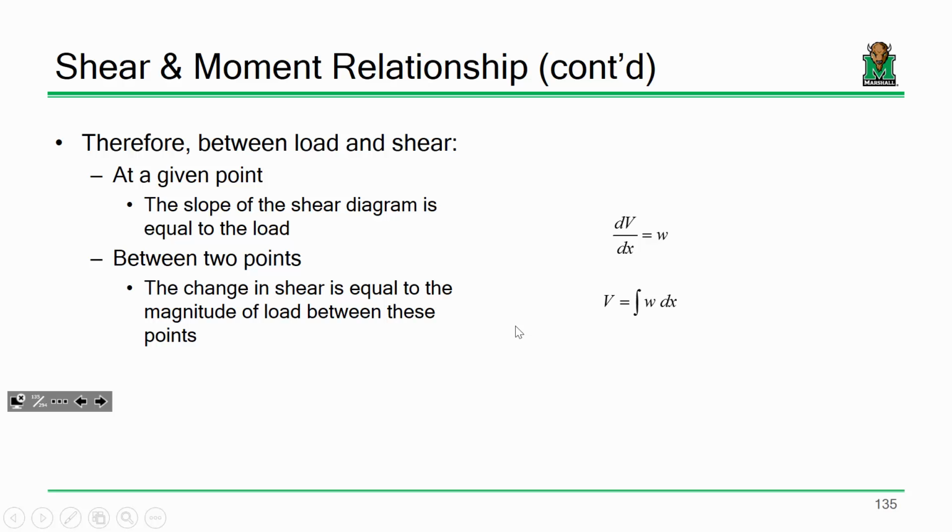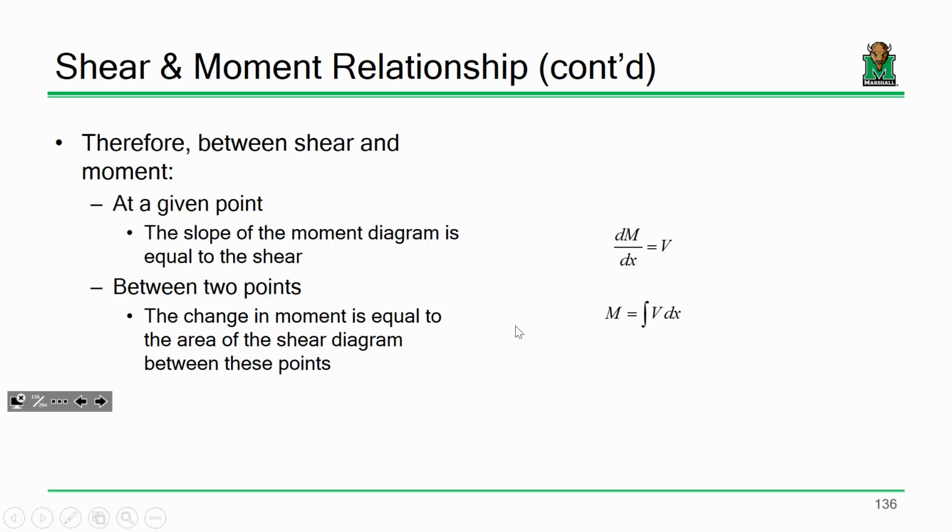So if we're looking at the relationship between load and shear, at any given point, the slope of the shear diagram is equal to the load because dV/dx, that's the slope of the shear diagram. It's the derivative, right? And between 2 points, however much change in shear we've got is equal to the magnitude of the load between those 2 points. In other words, we're just integrating, okay?